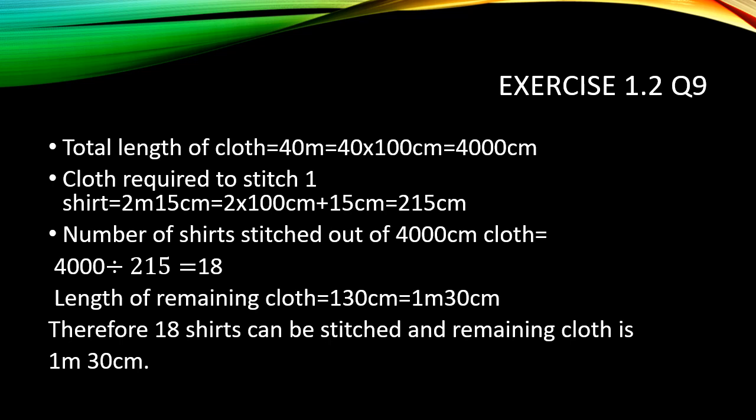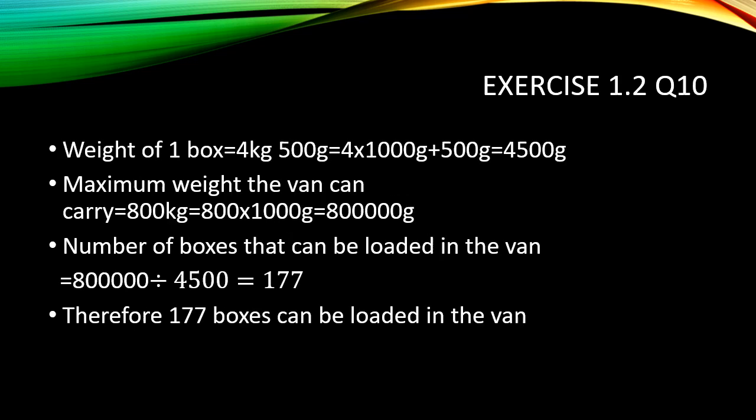The quotient is 18. So number of shirts stitched out of 4000 centimeter cloth is equal to 18. Now the remainder of division is 130. So the length of remaining cloth is equal to 130 centimeter, that is 1 meter 30 centimeter. Therefore 18 shirts can be stitched and remaining cloth is 1 meter 30 centimeter.